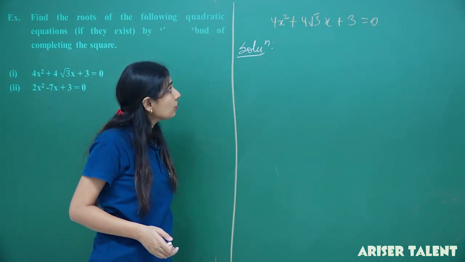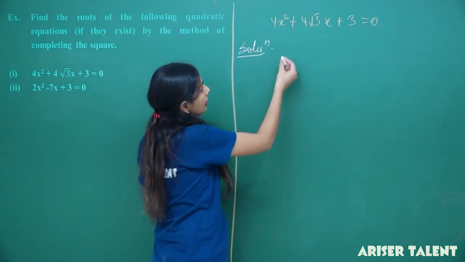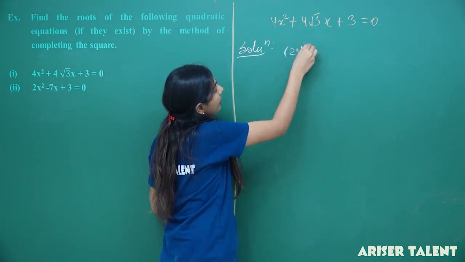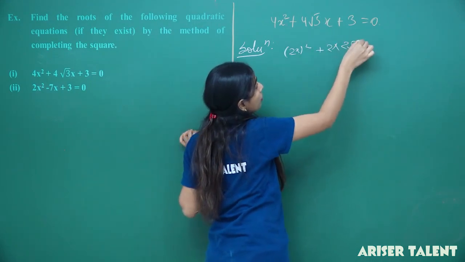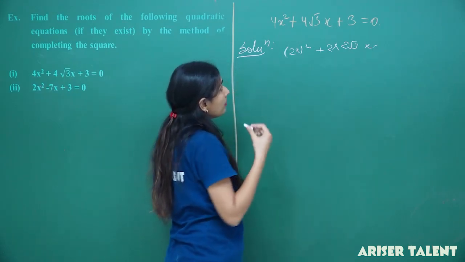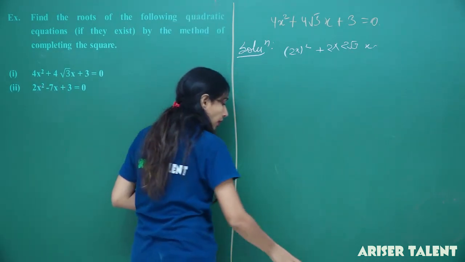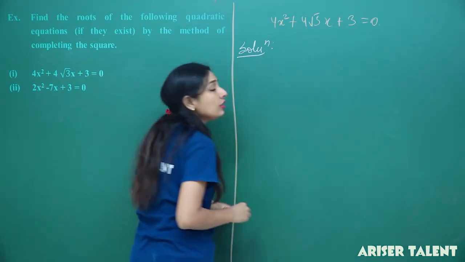Now how can you make this a square? If you take this 2x square, okay, plus 2 multiplied by 2 root 3 x plus 3, it's something confusing. So what will we do? We will take this 4 common in this equation.